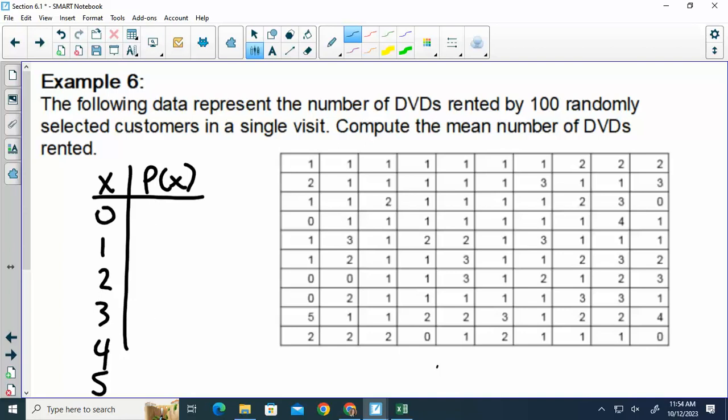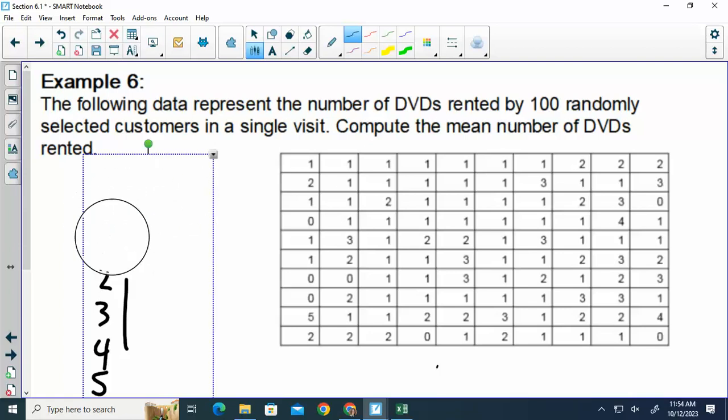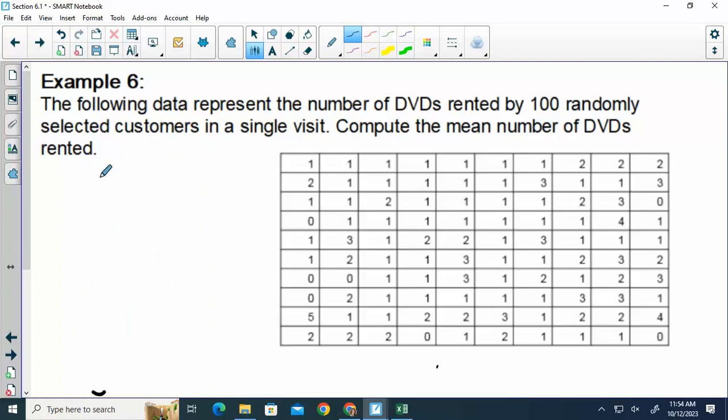Is it worth our time to do this though? No, because what's the easier way to find this average? Add them all up and divide by 100. So we have the probability distribution option, but you don't have to make more work for yourself. You don't have to make a probability distribution just because we now have that. We can still use our old methods. So find this for me. Add up all these values.